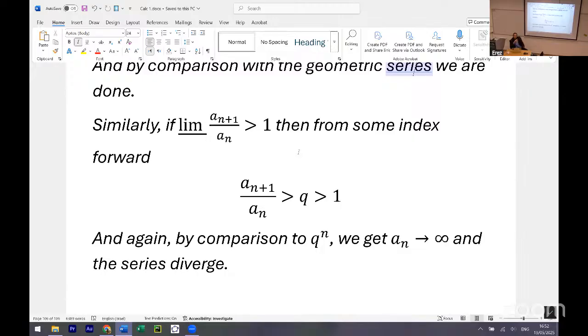Any questions so far? What happens when the lim sup is nothing? Anything other than what is written, you can do nothing with. Whether the lim inf is larger than 1, that's good.